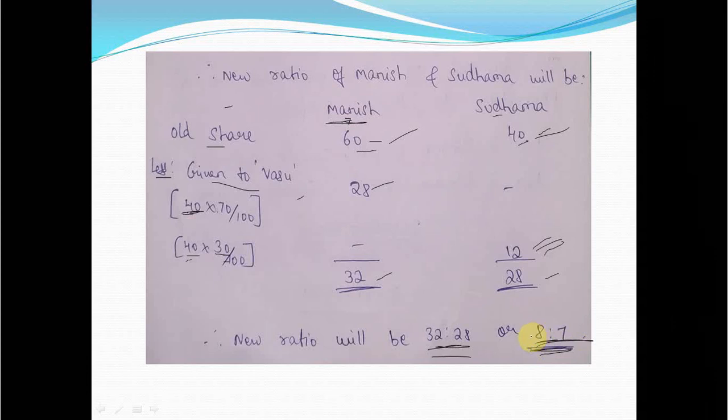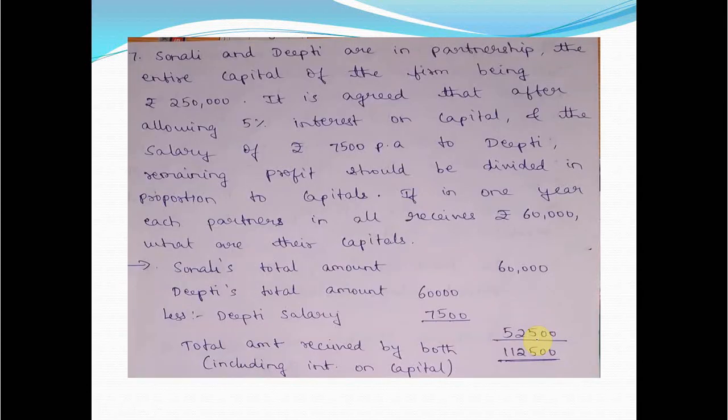Okay, now let's move towards the last problem. Problem number 7. Sonali and Dipti are in partnership, the entire capital of the firm being rupees 2,50,000.